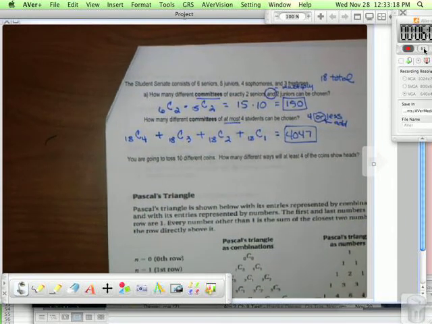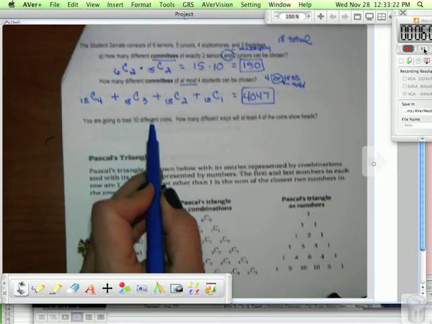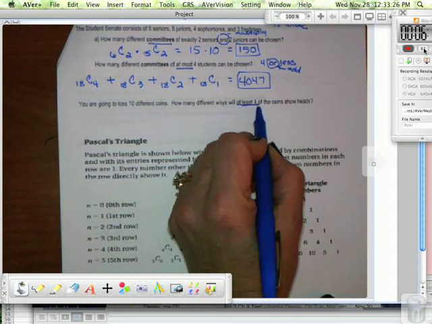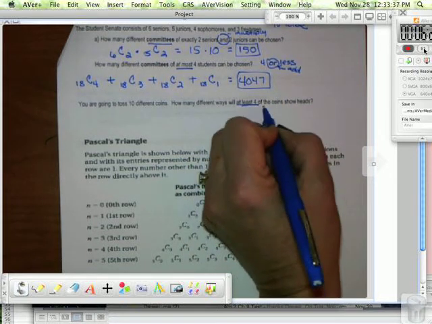All right, you're going to toss 10 different coins. How many different ways will at least 4 of the coins show heads? That means you could have 4 coins show heads, or you're curious to know if there's 5 or 6 that show heads. So 4 or more.